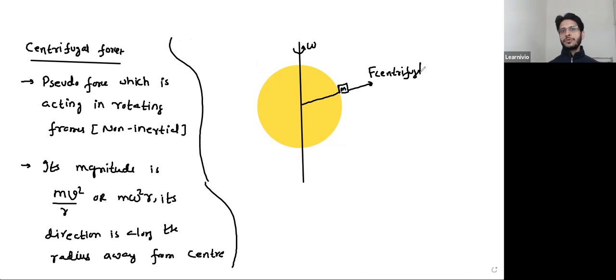It's a very common observation if you have ever tried a ride which is rotating. If you sit in a rotating ride, you will experience a force which is pulling you away from the center of the ride. That force is basically centrifugal force.